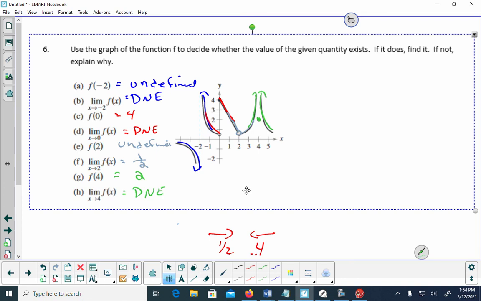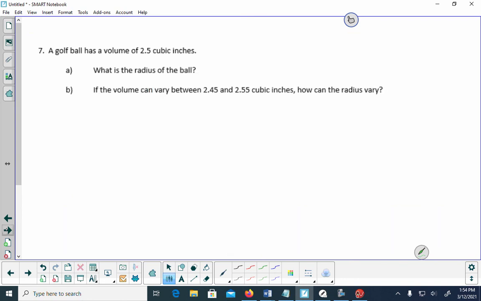Okay, number 7, a golf ball has a volume of 2.5 cubic inches, and it says, what is the radius of the ball? So to find that, I am going to use the formula. That's a sphere. So I'm going to say 4/3 pi r cubed is equal to my volume, which is 2.5.